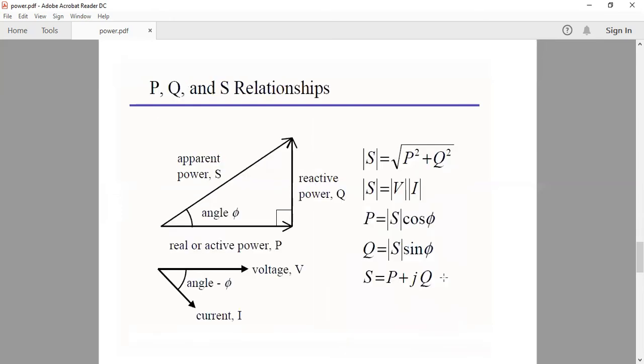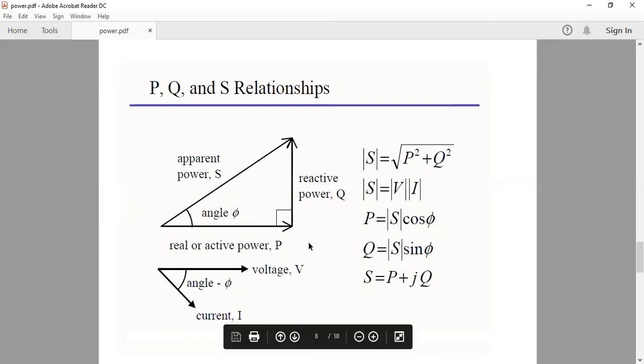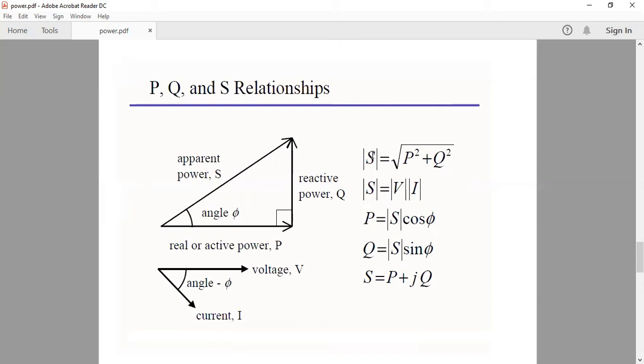Let's see the P, Q and S relationship, that is the active power, reactive power and apparent power relationship. As we all know, the power triangle gives the magnitude of apparent power as the square root of P squared plus Q squared.